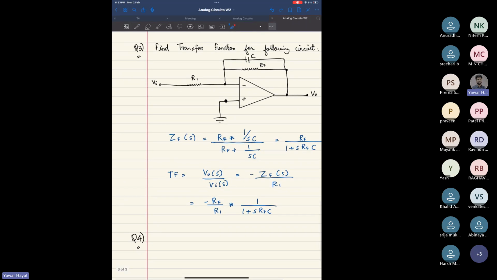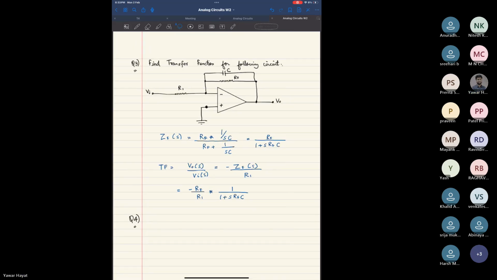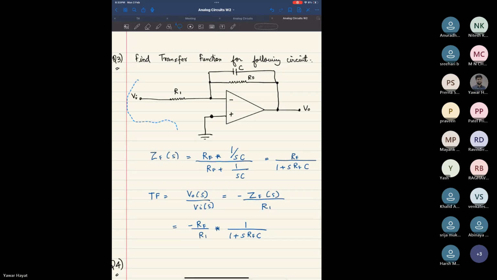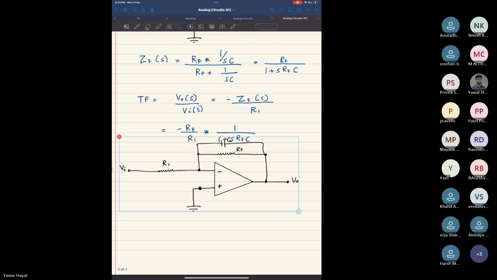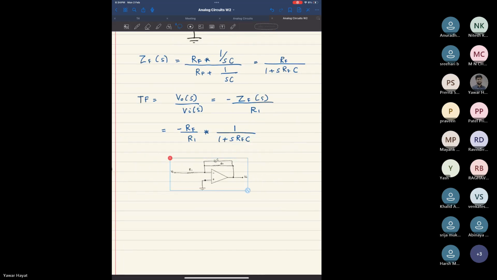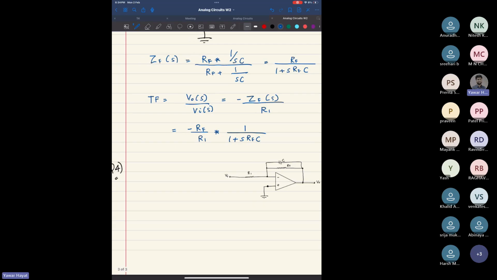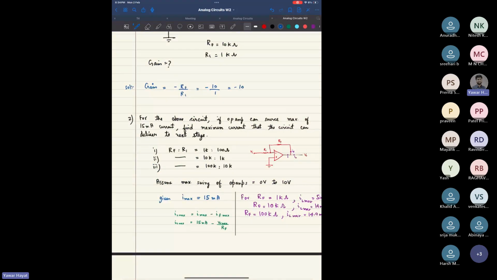If this is your circuit, I guess I'll copy it again. Okay, this is your circuit. And let's do one thing. Let's take all the set of RF to R1 values that were provided in the above question, which is question 2.